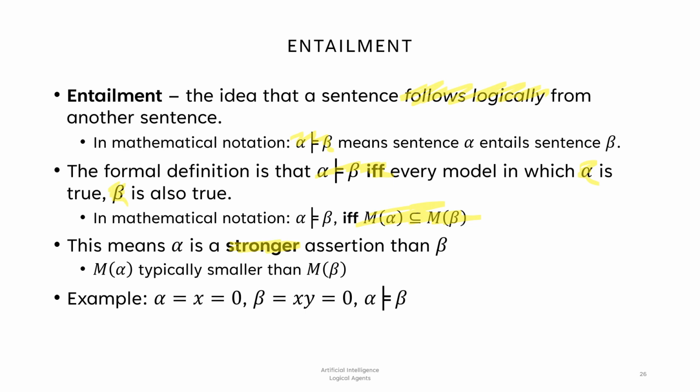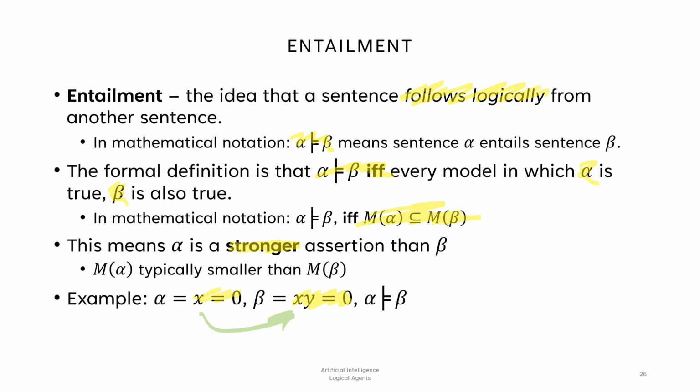Let's say we have a sentence alpha, x equals 0, and a sentence beta, xy equals 0. In all the cases where alpha is true, beta is also true, because 0 times anything is 0. So y could be any value, and alpha would still hold. But beta is a broader set of models.